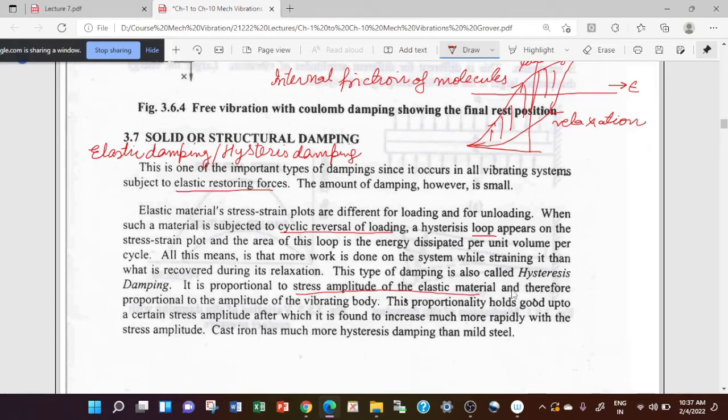Besides that, it also depends upon the material. Some materials have a bigger loop than other materials. It also depends upon the frequency of the system.